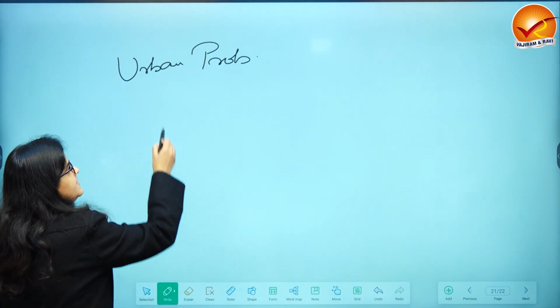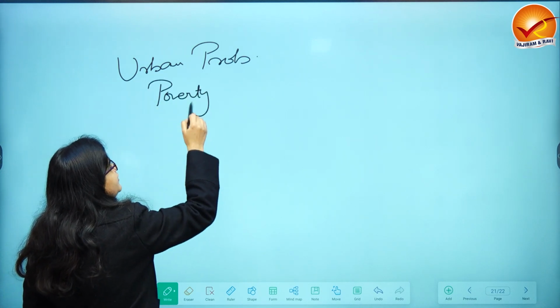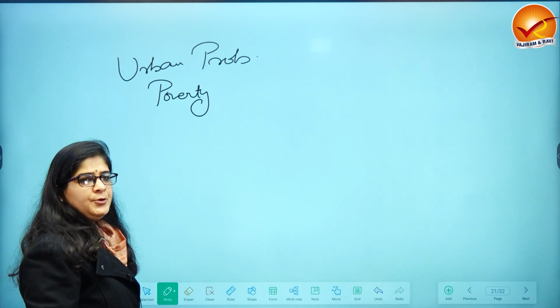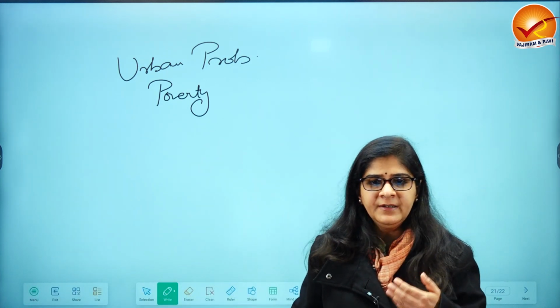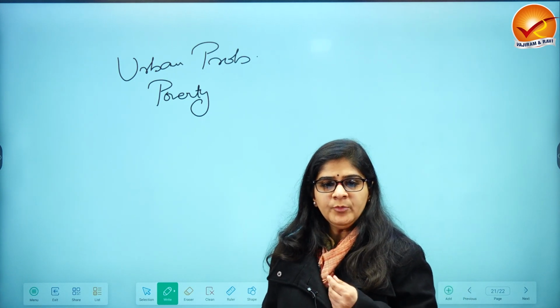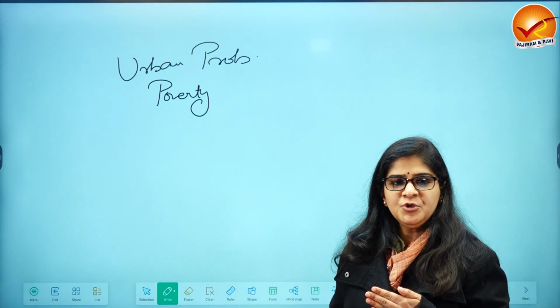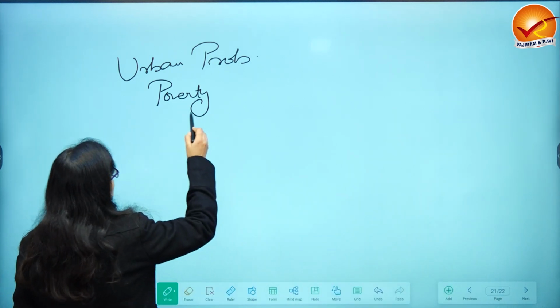Urban problems, we discussed that there are economic problems, urban problems in India, like poverty. And you remember I discussed with you, there is urbanization of poverty in our country because of migration from the rural areas to the urban areas, right? So poverty, that's an urban problem.